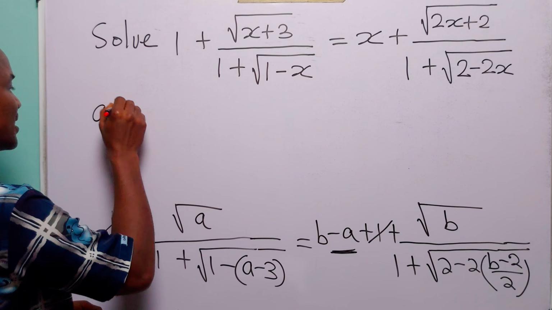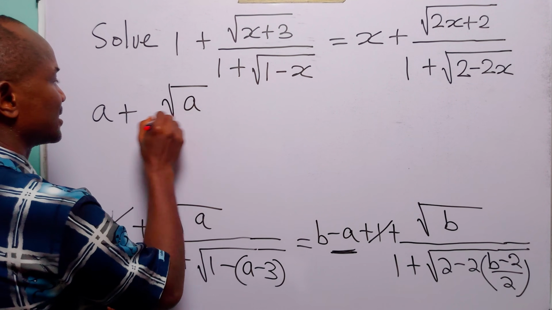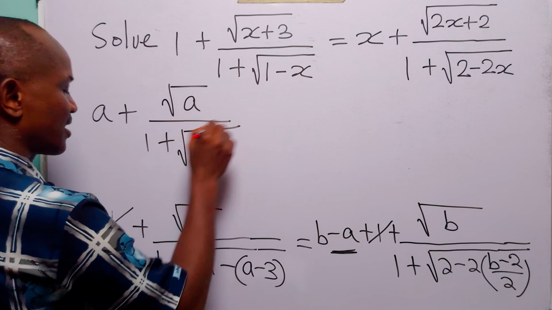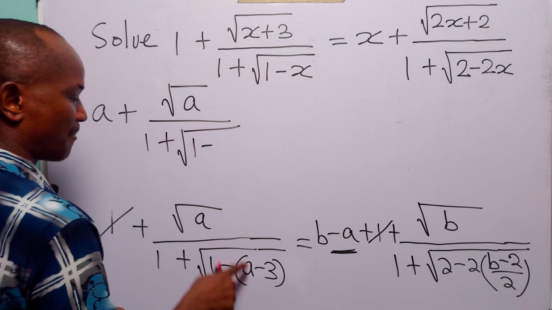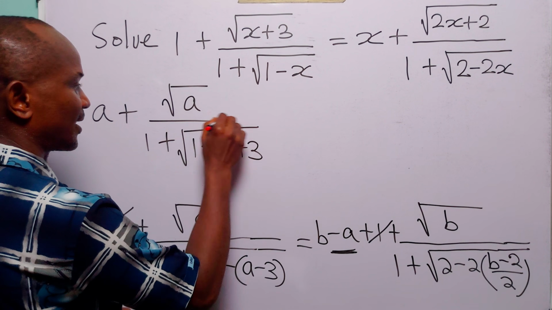So here we have a plus, now we have the square root of a divided by 1 plus the square root of 1 minus a. Minus minus is plus 3.